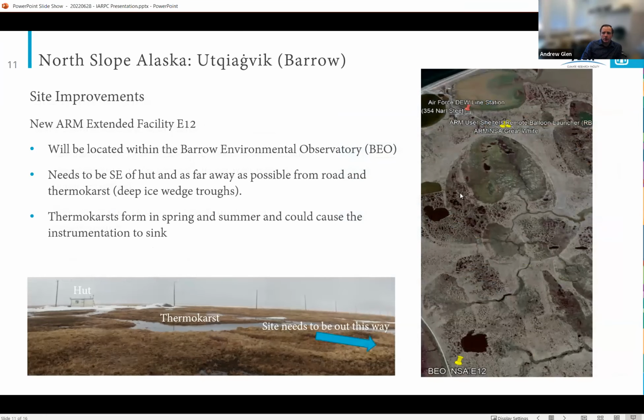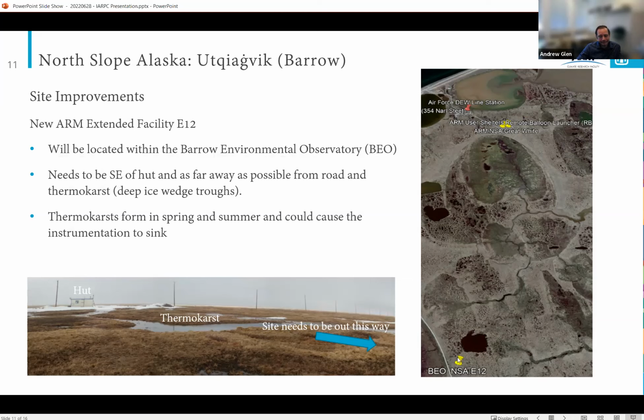One of the big changes we've got is this new BEO site. This is the Barrow Environmental Observatory. If you look at this figure on the top right side, this is where the current NSA site is right now. We've leased this small parcel of land to the south, which is going to be more of an inland exposure environment. We've got some snow measurements occurring down there right now.